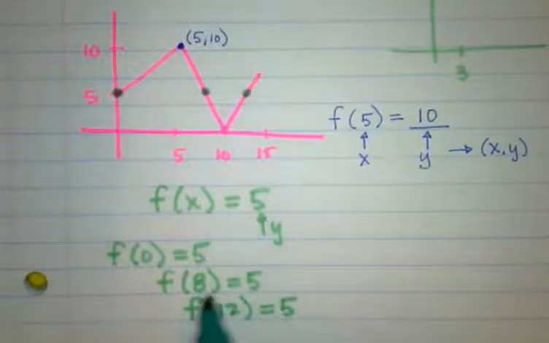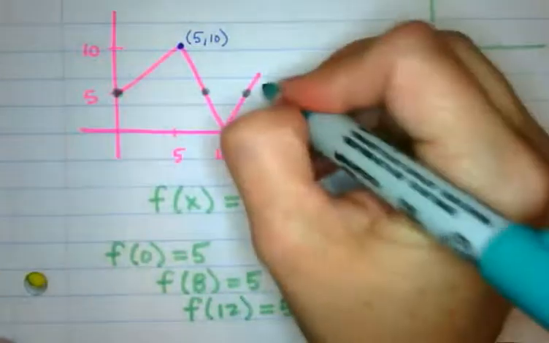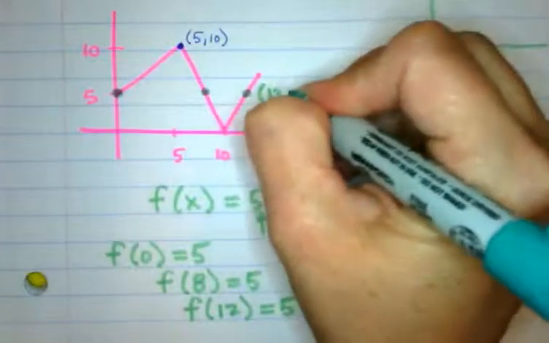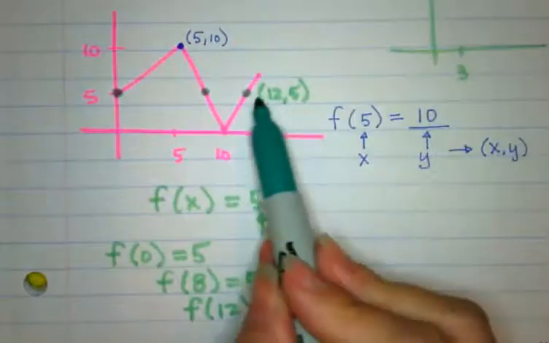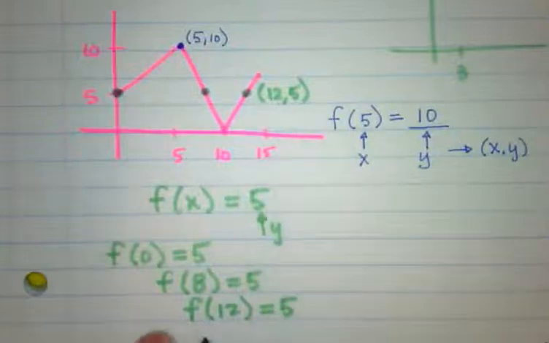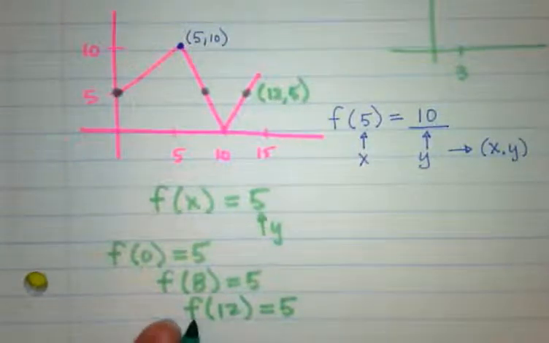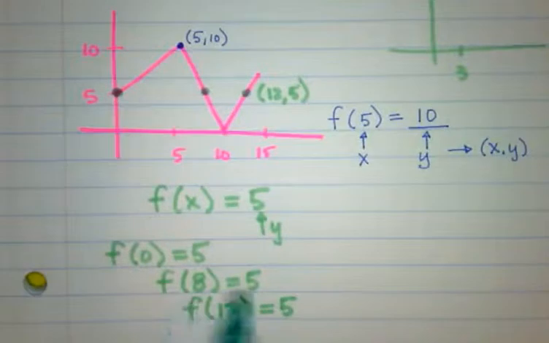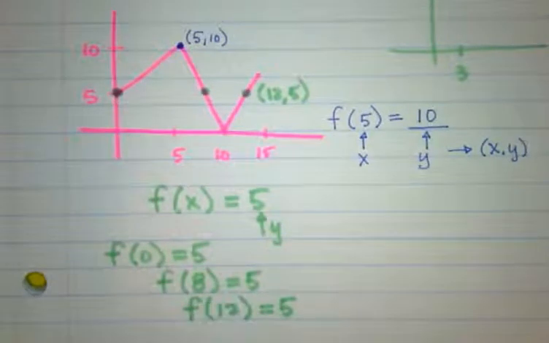Because all of these right here coordinate with ordered pairs on the graph. So if this point right here is 12, 5, then the function that I was using when I filled in 12, I got an answer of 5. So that's using a graph to find function notation.